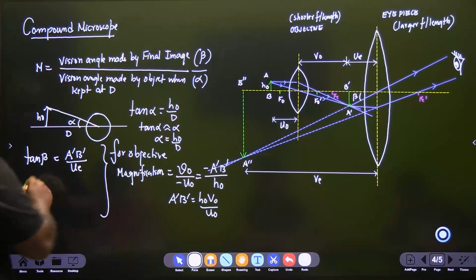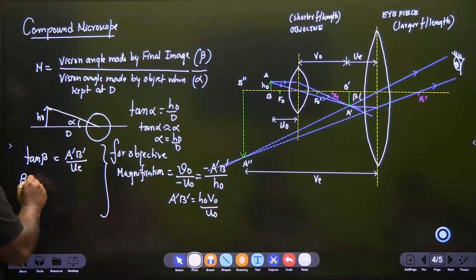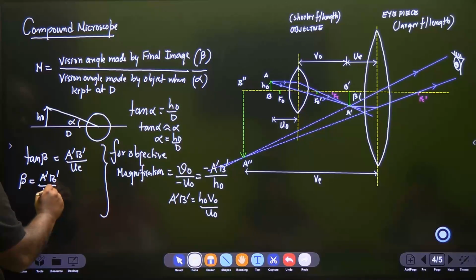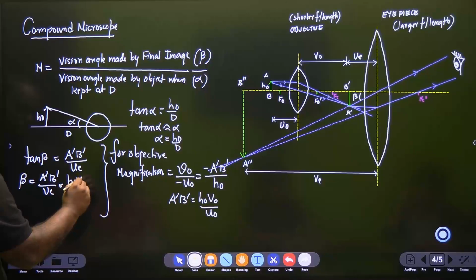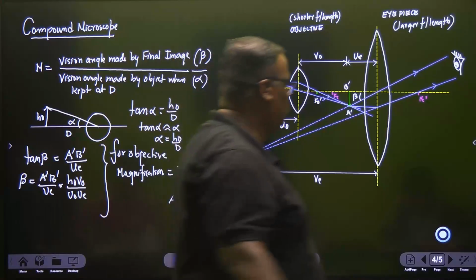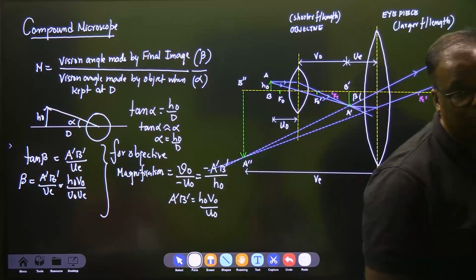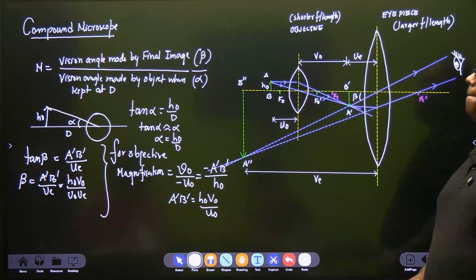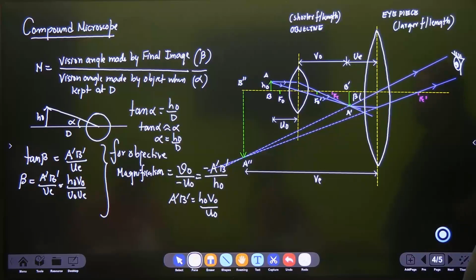That means beta is equal to A dash B dash by UE, and now instead of A dash B dash I can write HO VO by UO, UE. Did you understand this? Now I have to go to the second page, no other option, so please note down. Arjun, okay?